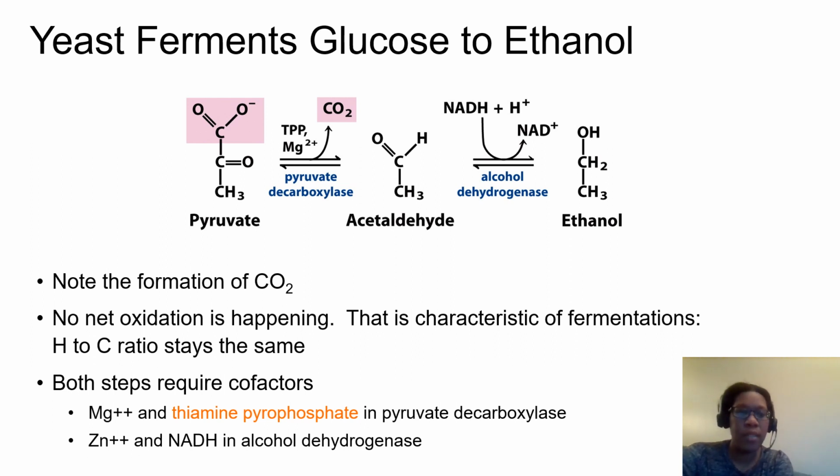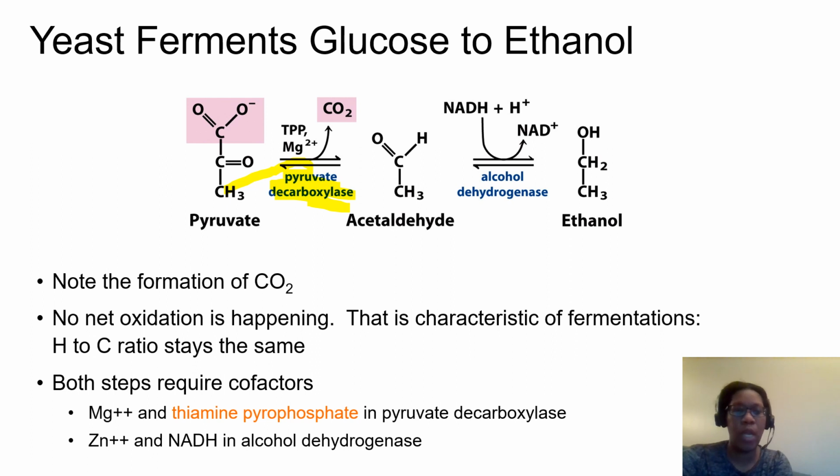So after glycolysis, again, we have 2 molecules of pyruvate, and then we utilize pyruvate decarboxylase, and it does what we suggest it does. It decarboxylates. So we take away a CO2. So now we form one byproduct, a molecule of CO2. That creates acetaldehyde, and acetaldehyde then is converted into ethanol.